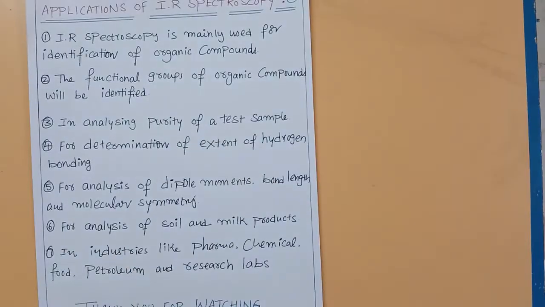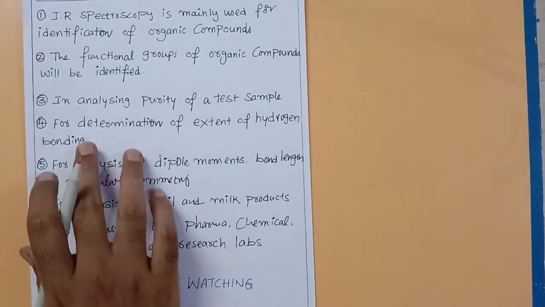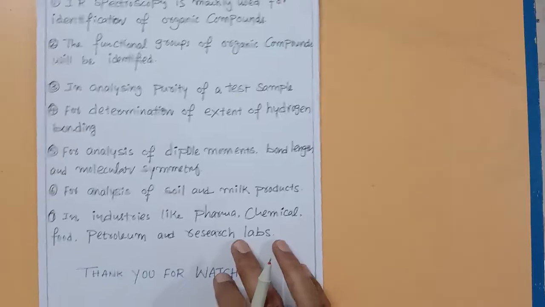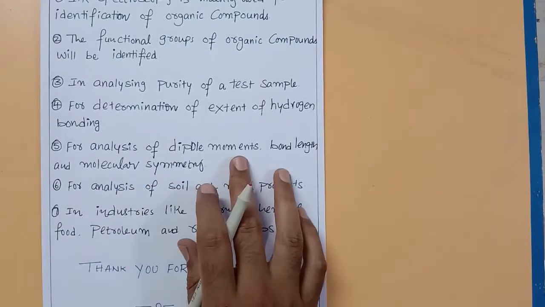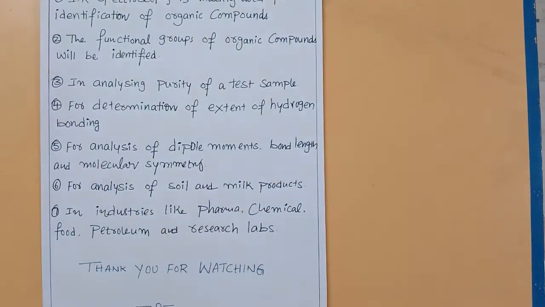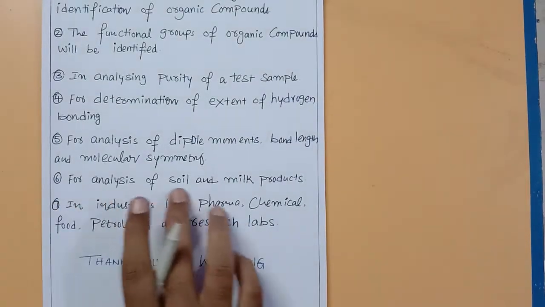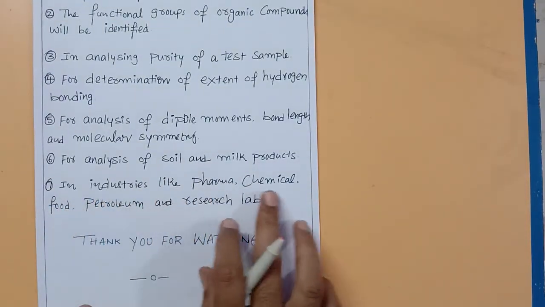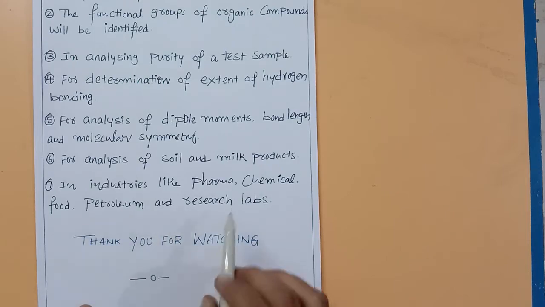And point number 3 is, with IR spectroscopy you can analyze the purity of a test sample, and it is used for determination of the extent of hydrogen bonding in organic compounds, and for the analysis of dipole moments, bond length and molecular symmetry. You remember that only molecules that are dipole active show IR spectra. It is also used for analysis of soil and milk products. Lastly, in industries like pharma, chemical, food, petroleum and research labs.